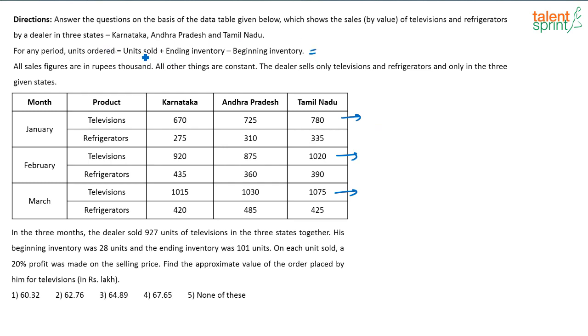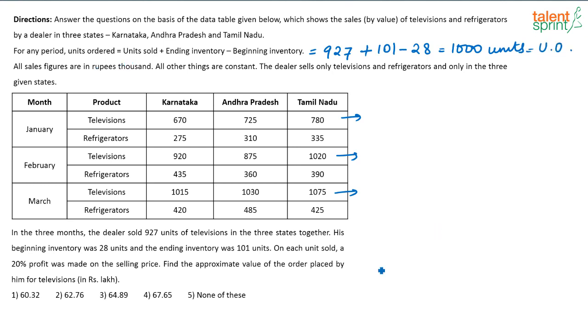Units ordered is equal to units sold, that is 927, plus ending inventory 101, minus beginning inventory 28. What is this equal to? 1028 minus 28, that's nothing but 1000 units. So units ordered is 1000 units.